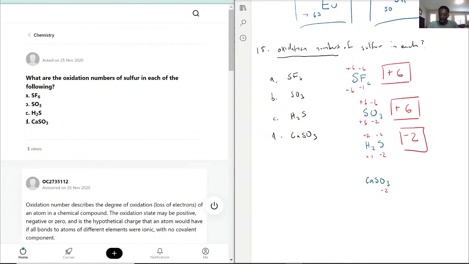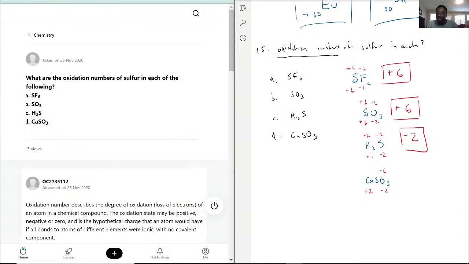Oxygen still likes the -2, which means it's going to be -6 in total. Calcium, because it's a metal, specifically an alkaline earth metal, follows the periodic table in regards to what it likes to do, which is give away electrons.